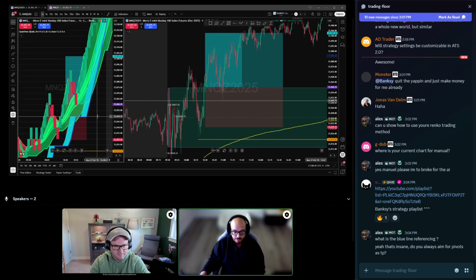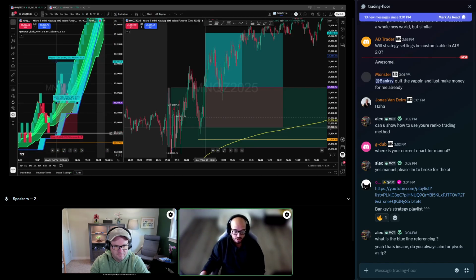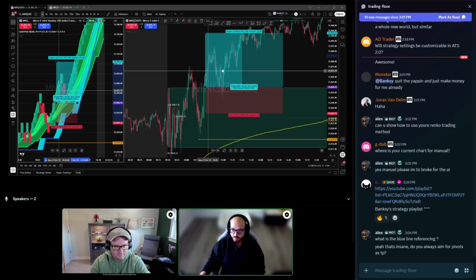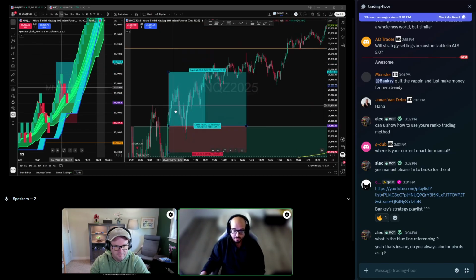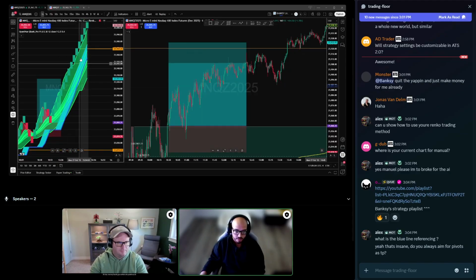And then the baby blue line is right at 850, which is where the box would have closed. So it's the grid points, right? So stop loss would have been here the whole time. So you would have been up 30 points. You would have experienced this pullback, but your stop loss would still be the same. And then if you just trailed by that blue line, again, you would have caught the entire move to the upside.